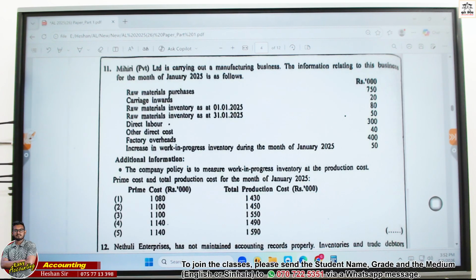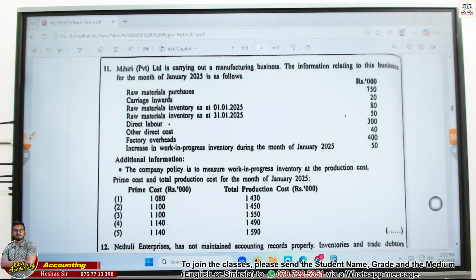Mihiri Enterprise Limited carried out a manufacturing business. So information related to the business for the month of January 2025 are as follows.